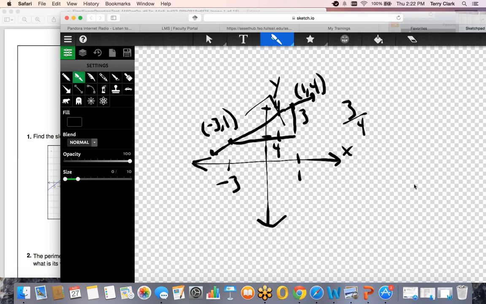Now, another way we can find the change in y over the change in x is we can subtract. We have a formula that says the slope, and I'm going to call the slope m, equals y1 minus y2, divided by x1 minus x2.